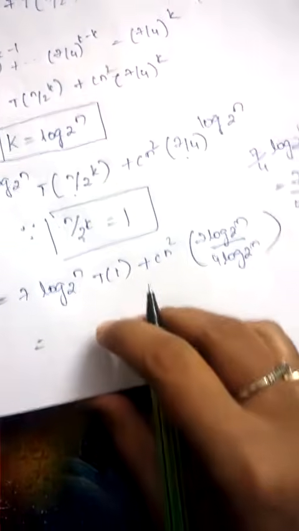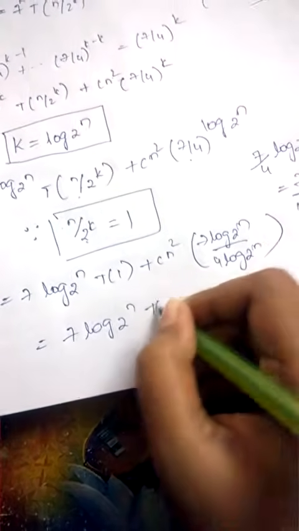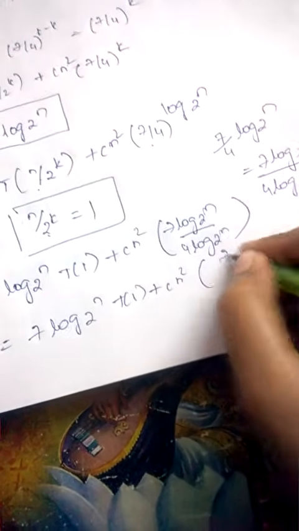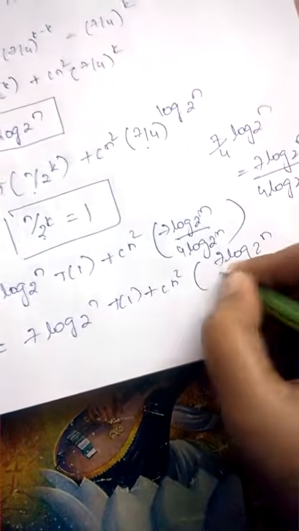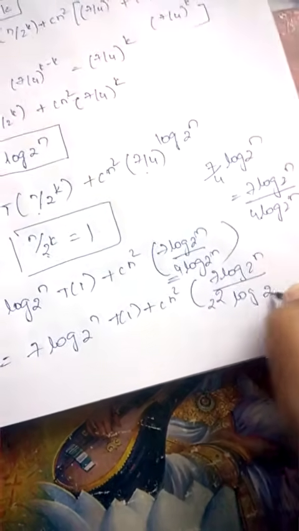Now 7 power log n T(1) plus cn square into 7 power log n by 4 can be written as 2 square, power log n. Now let's continue in the next page.